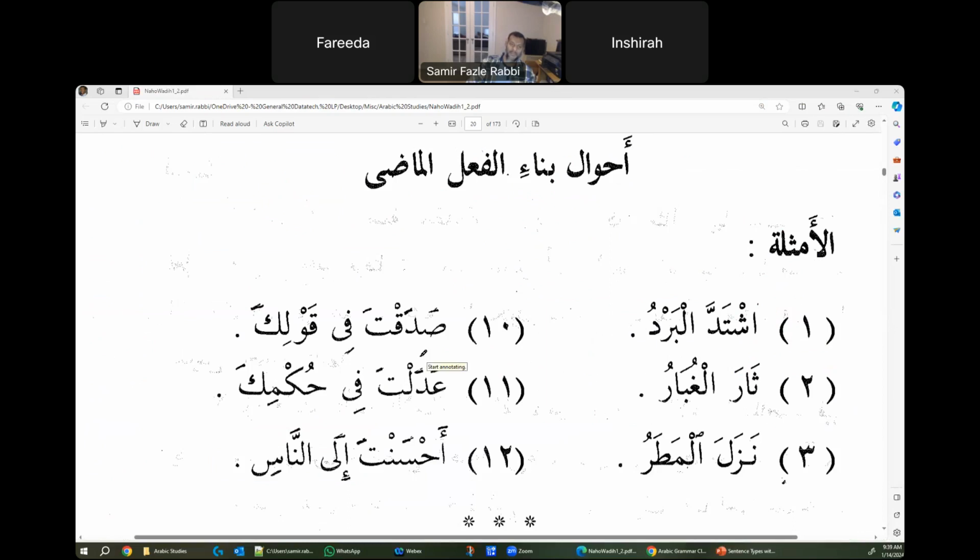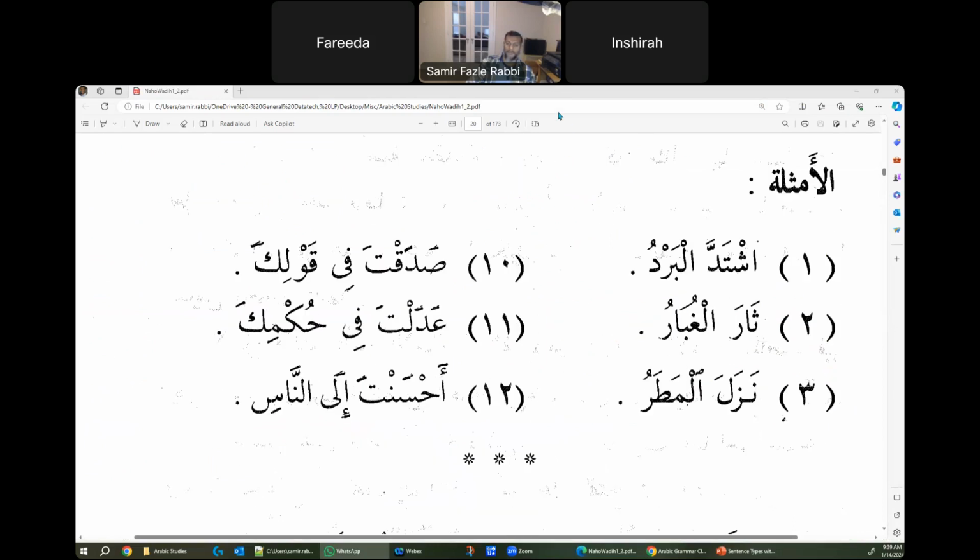Ashtadda, sadaqta, adalta: you were just or balanced in your judgment. Ahsanta ila an-nas: you were excellent with the people, good to the people. These ones are built on sukun, and these ones are built on fatha.